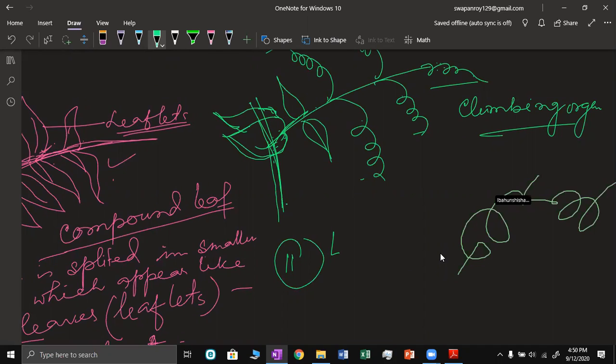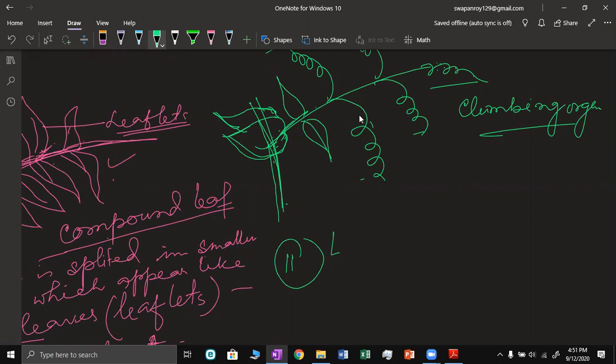No, see, in case of cucumber, grapevine, squash plant, there is tendril found. Those tendrils are the modification of stem. Clear? They are stem tendrils, but this one, the leaf one, is a modification of the entire leaf, or a part of the leaf is modified.